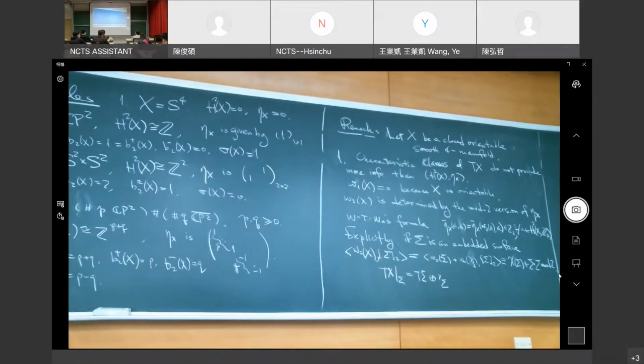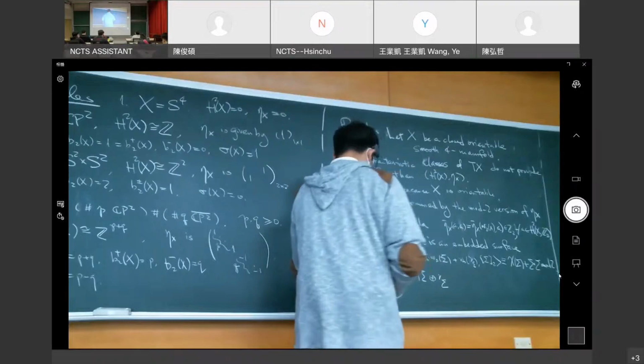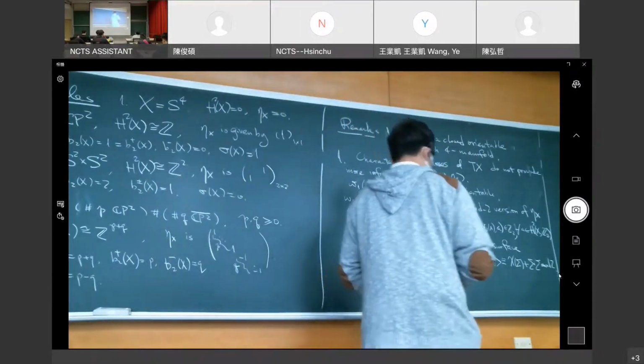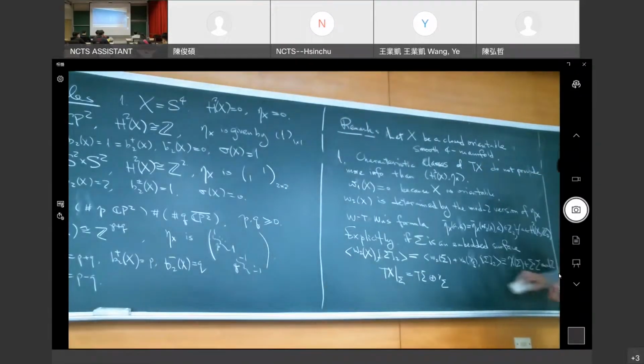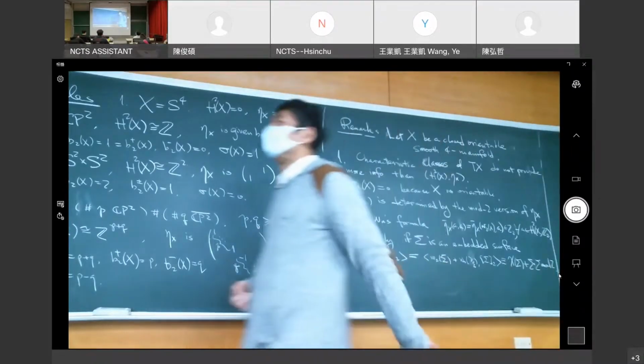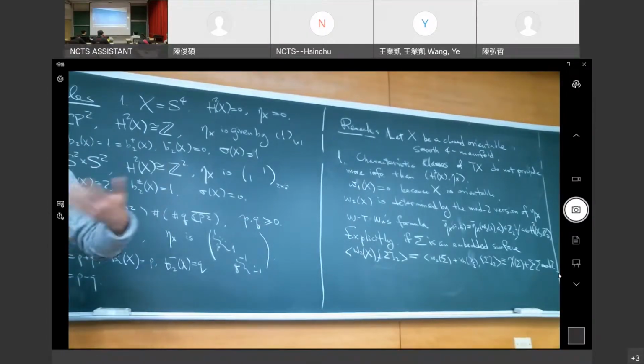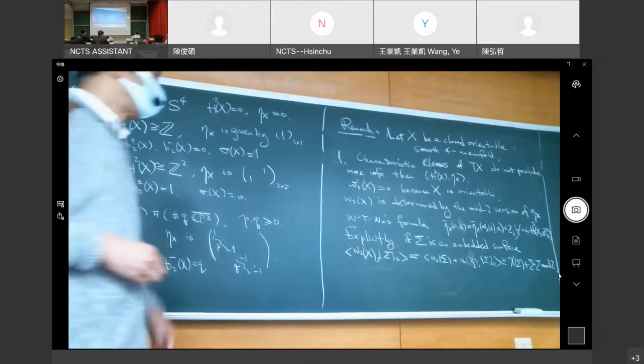So this is another way to see that W2 doesn't give much fancy information. And the last, maybe I should erase that because this is just an explanation. So the last two possibilities are in the fourth homology.